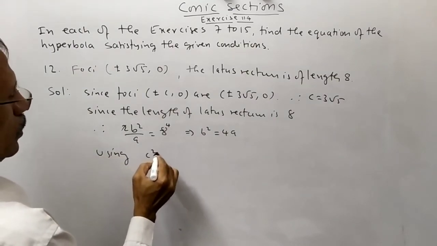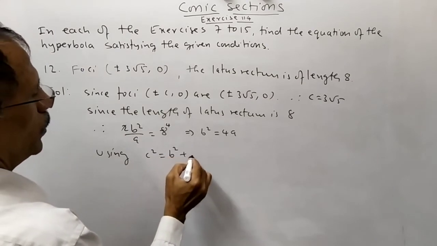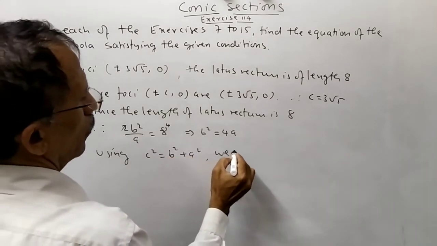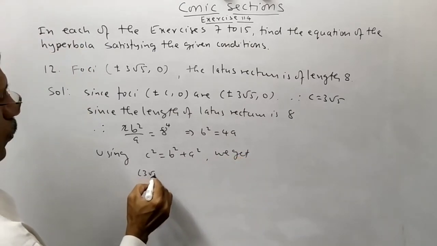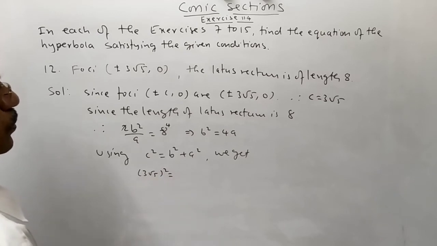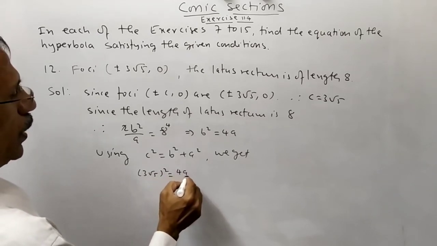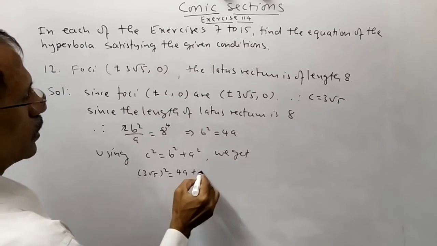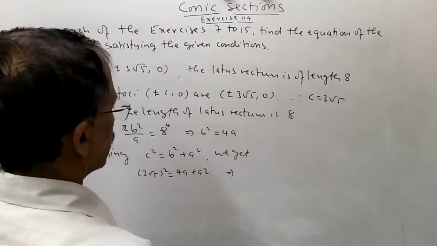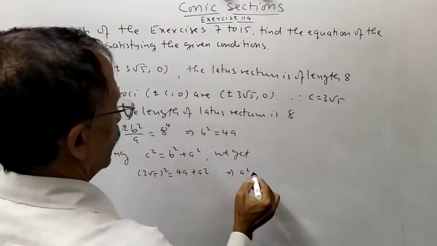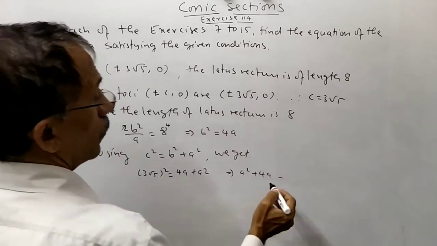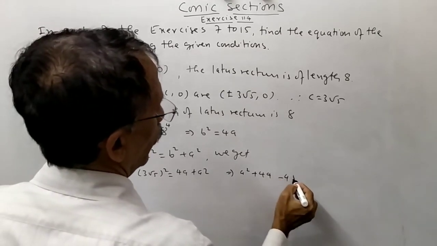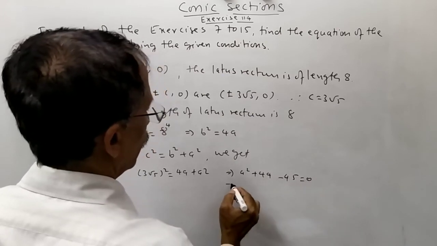Using c square is equal to b square plus a square, we get 3 root 5 whole square is equal to 4a plus a square. This implies a square plus 4a minus 45 is equal to 0.